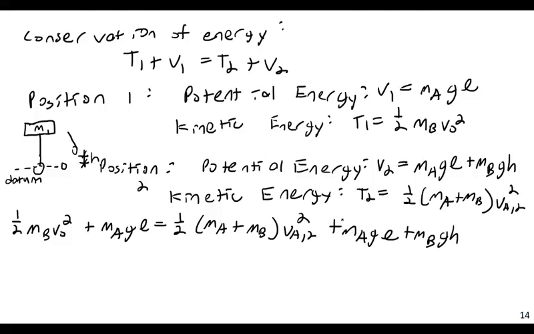All right, so how might we work through this? If you work through this, cancel terms out and solve, the only one we want to isolate is H. There's only one term that has H in it, so if you cancel out and combine terms, you will find that H is equal to MA over MA plus MB times V naught squared over 2G.